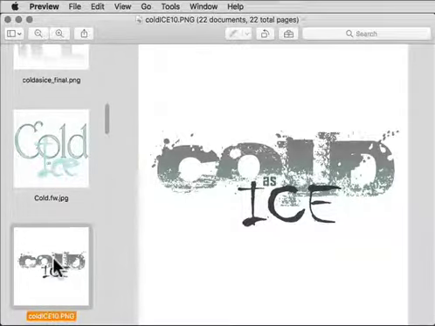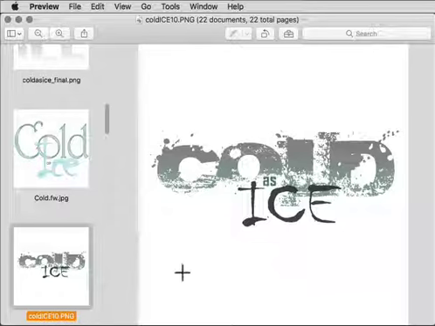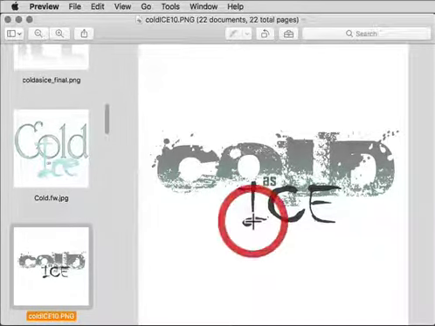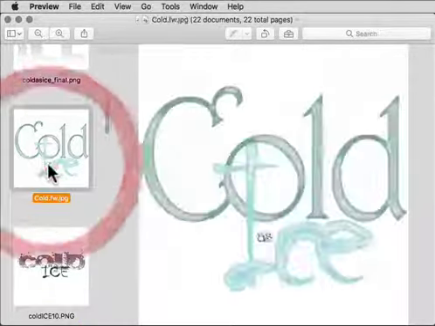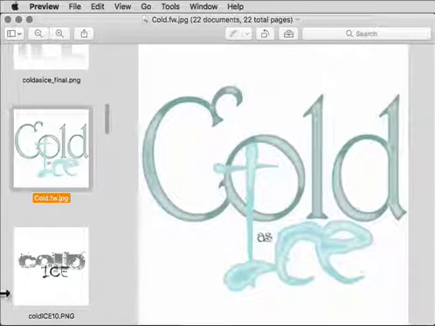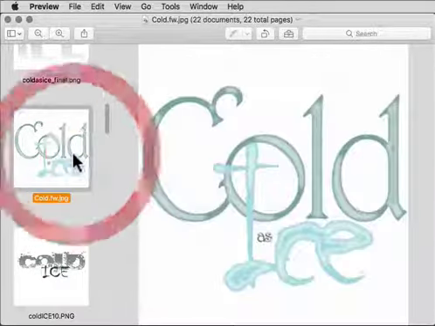Another example of the same phrase with a completely different solution. And again, this really shows that there's a lot of different ways that you can solve any one of these problems. Although it does look like the word ice is the same typeface as this one, although this one's all in uppercase and this one's in upper and lowercase.